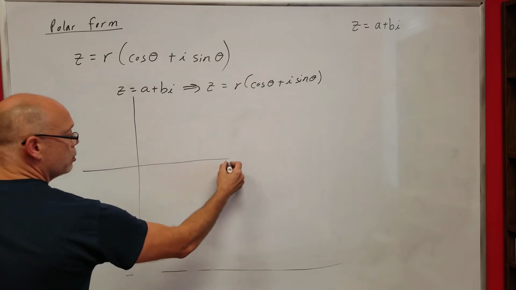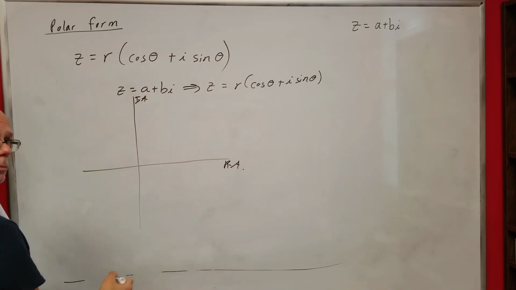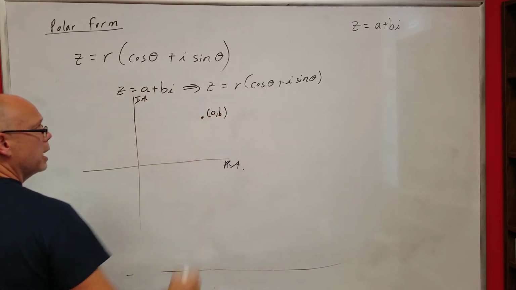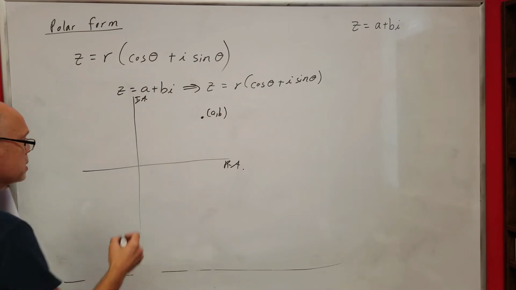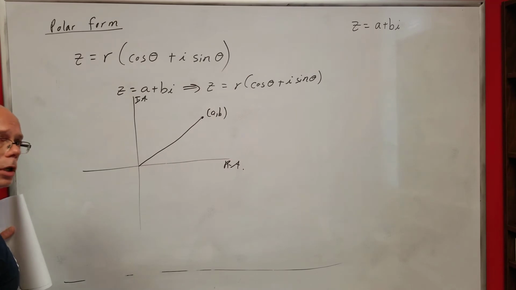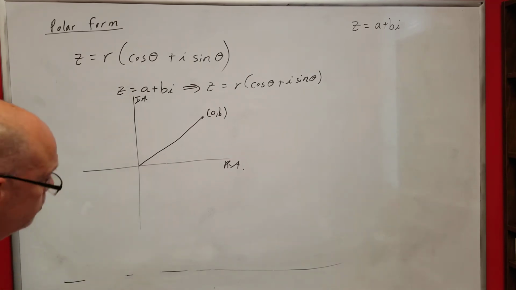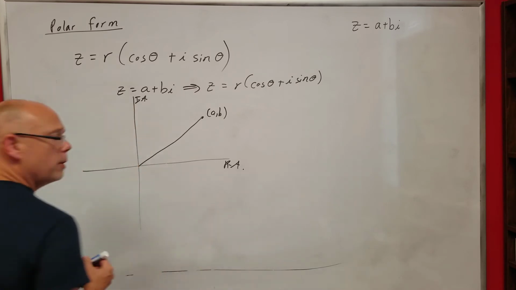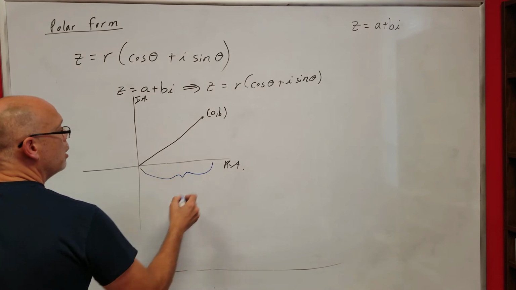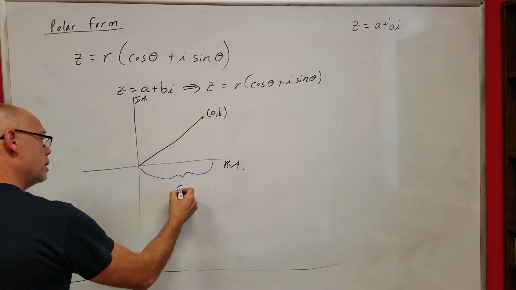All right, well, think about your real axis and think about your imaginary axis here, okay? And think about some number, a comma b, out here, or z is equal to a plus bi. Now, if I plot that point, how far am I displaced in this direction? a units, right?